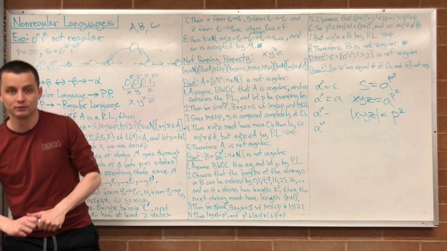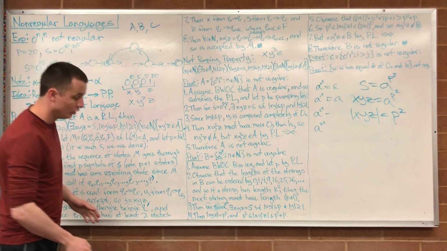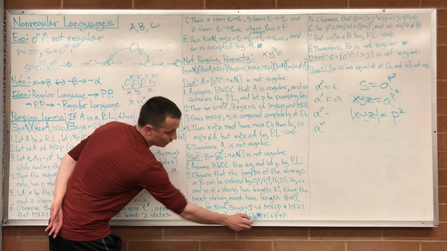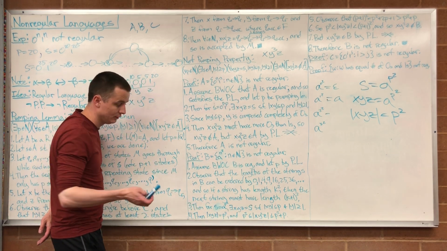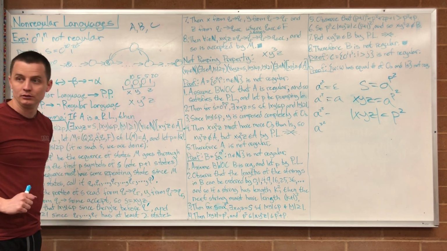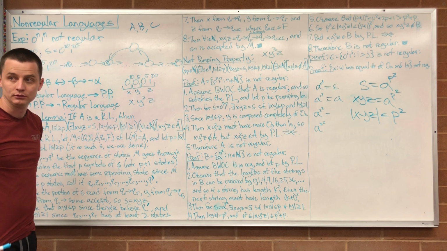So if the size of my string is P squared, then the size of my string when I pump up Y once is at least P squared, and it's at most P squared plus P. Good?